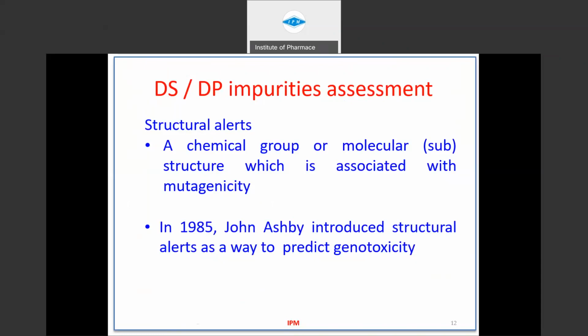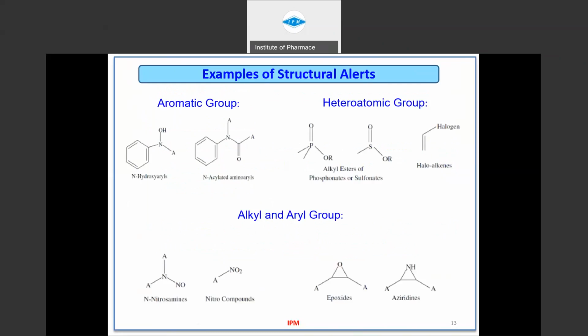This concept was introduced by John Ashby in 1985. So here are some examples of structural alert. N-hydroxyls, hydroxylamines, then N-acylated aminoaryls, then alkyl esters, haloalkenes, and alkyl allyl groups with nitroso, nitro, the epoxides or aziridines, means three-membered rings.